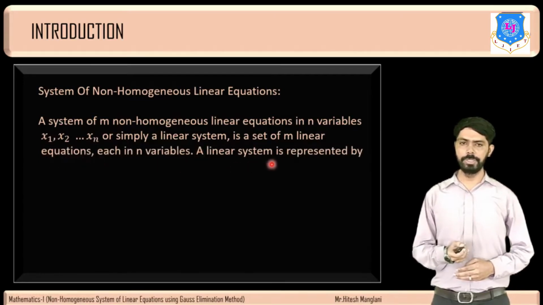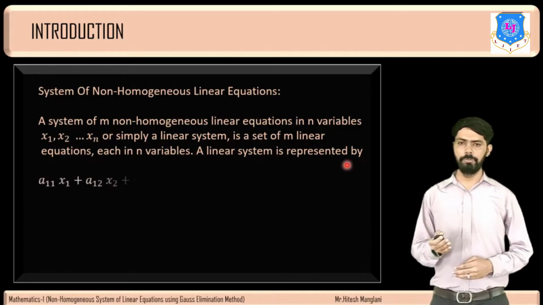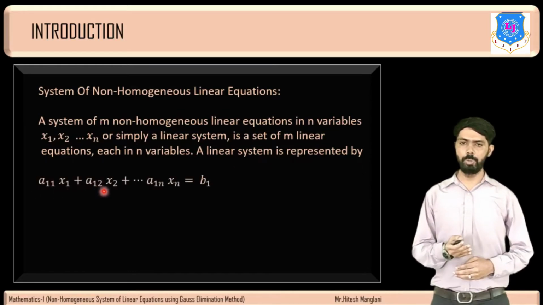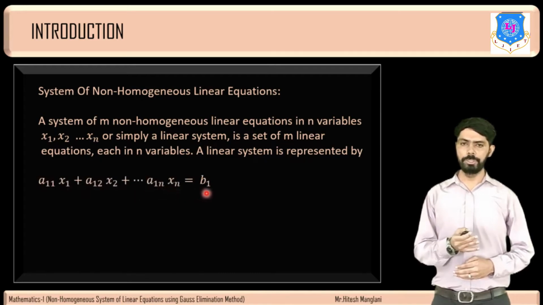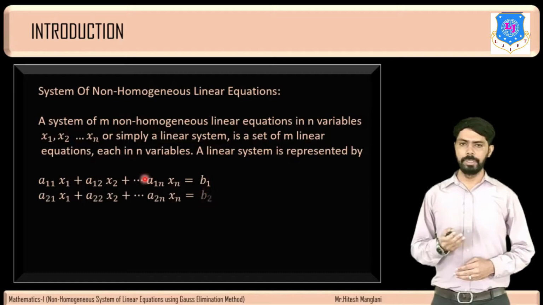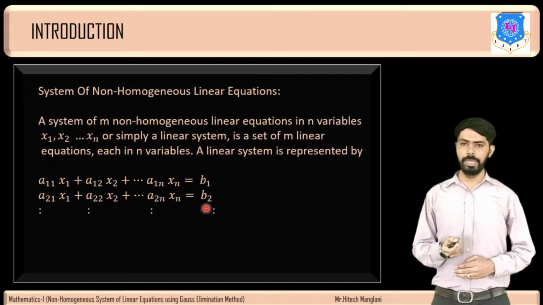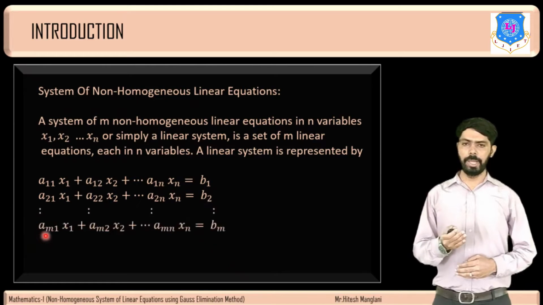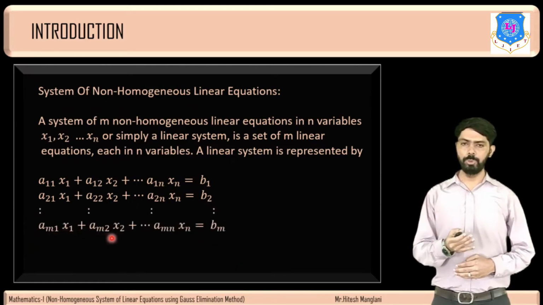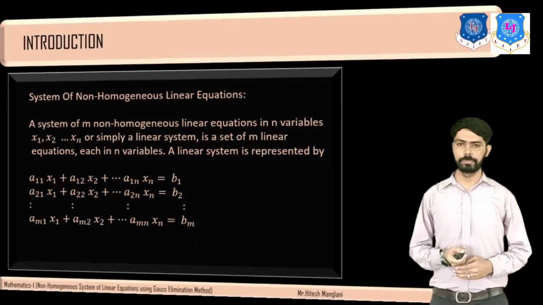A linear system is represented by a11 x1 plus a12 x2 plus so on a1n xn is equal to b1. Then a21 x1 plus a22 x2 plus so on a2n xn is equal to b2. Then am1 x1 plus am2 x2 plus so on amn xn is equal to bm.